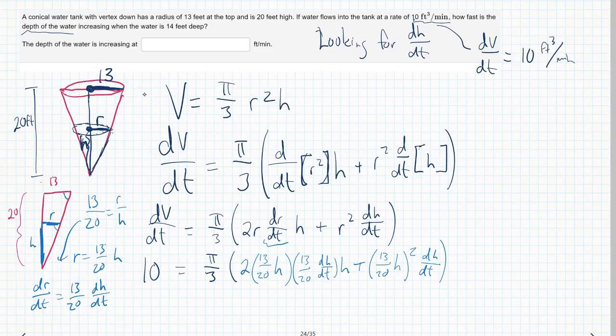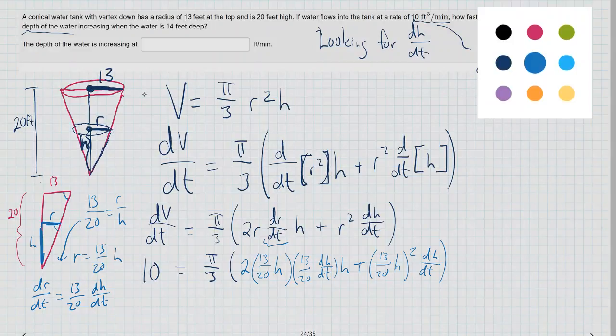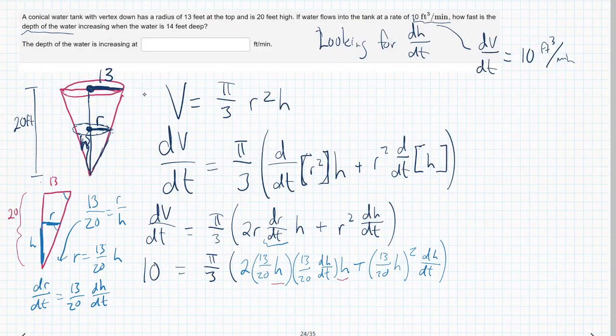Well, that's convenient. Let's take a look real quick. You have two h's, that makes an h squared. You have a 13 over 20 and another 13 over 20, which makes the 13 over 20 h squared. So you have 13 over 20 h squareds in both parts and a dh/dt. But you have 2 of those here, and then you have 1 of those right here. So 2 plus 1 of those makes 3 of those.